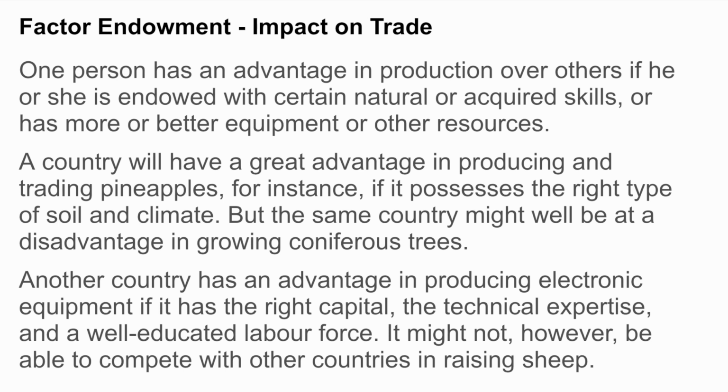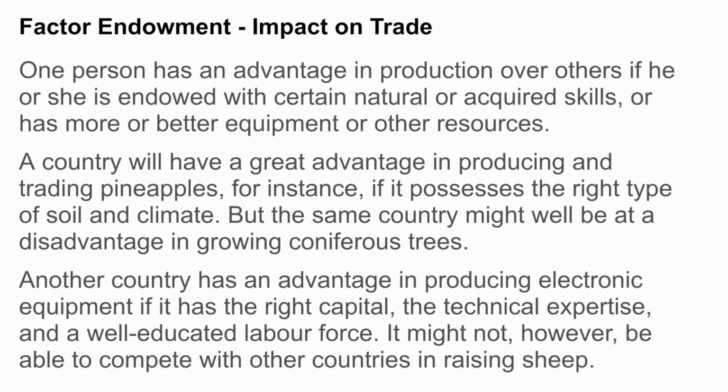So one person has an advantage in production over others if he or she is endowed with certain natural or acquired skills, or has better equipment or other resources. A country will have a great advantage in producing and trading pineapples, for instance, if it possesses the right type of soil and the right type of climate.